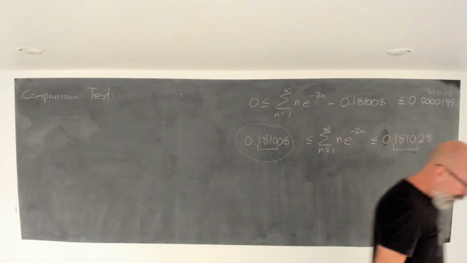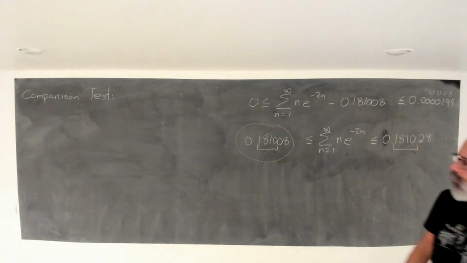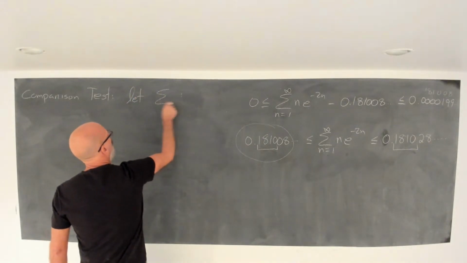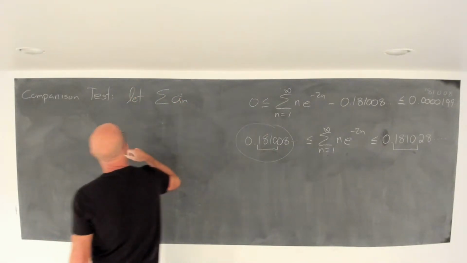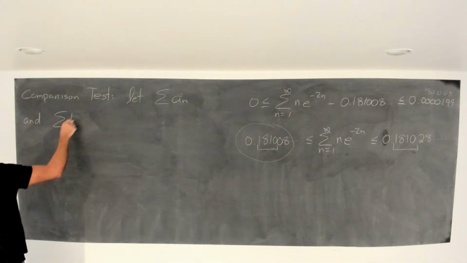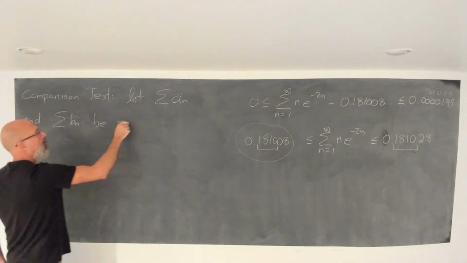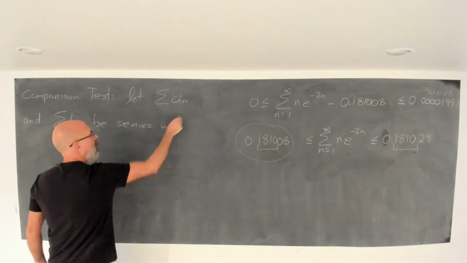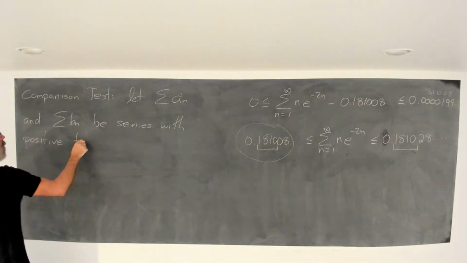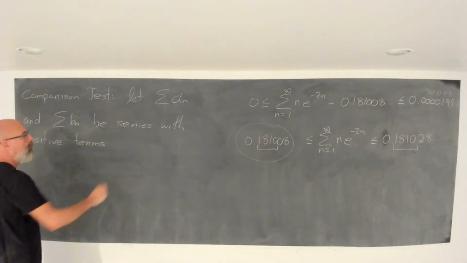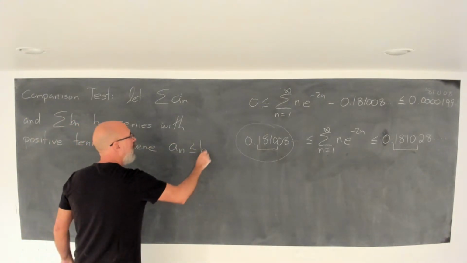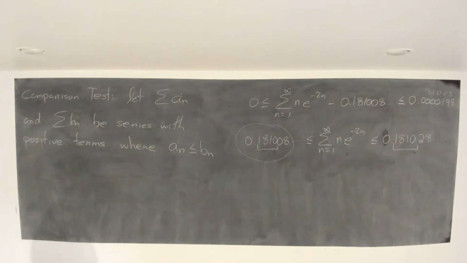Let's move on to the comparison test. Let the series a_n and the series b_n be series with positive terms, where a_n is less than or equal to b_n.